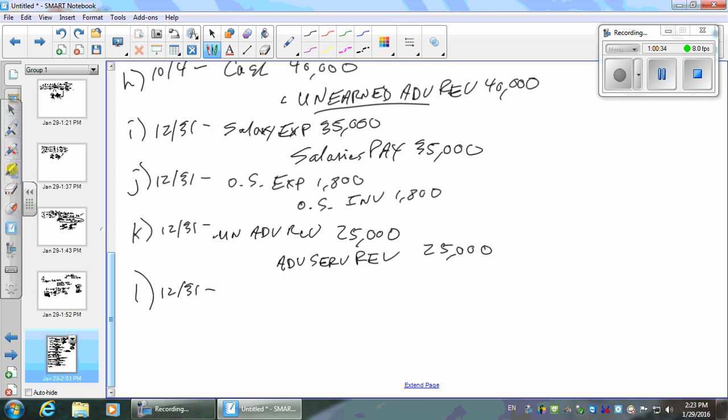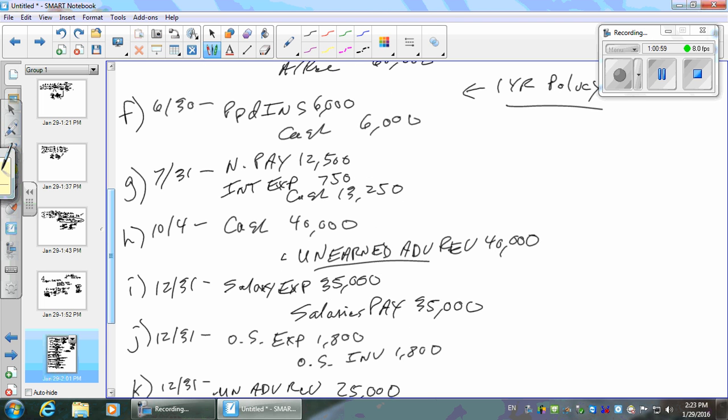You used it. Insurance expense. Excellent. And credit prepaid insurance because it's gone. What's the balance left for prepaid insurance? 3,000, which is going to be used in the next 6 months. What's the balance in insurance expense? 3,000, because that's what we used up. Got it? Okay, that's easy.